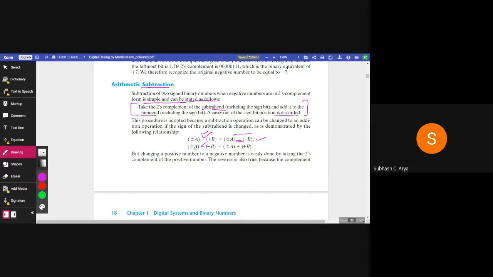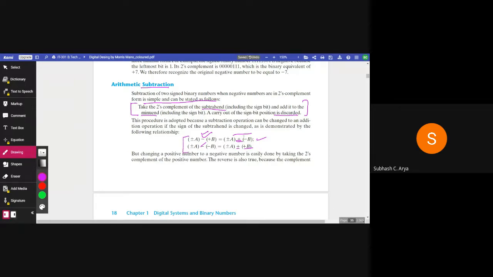Similarly here, A is plus or minus, that is the minuend, and B is the subtrahend. So we take the 2's complement, so that we can express minus B as plus B. Ordinary mathematics says that plus or minus A minus of minus B is equal to plus or minus A plus B. I think we are very familiar with this equation.